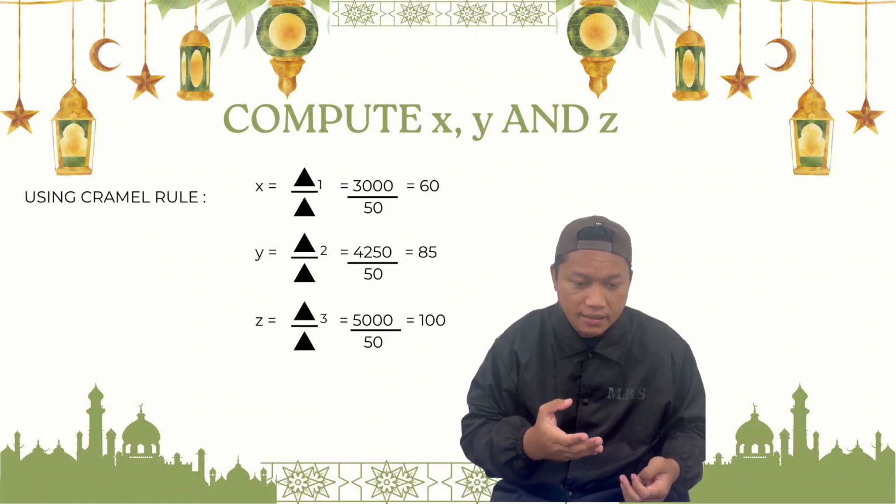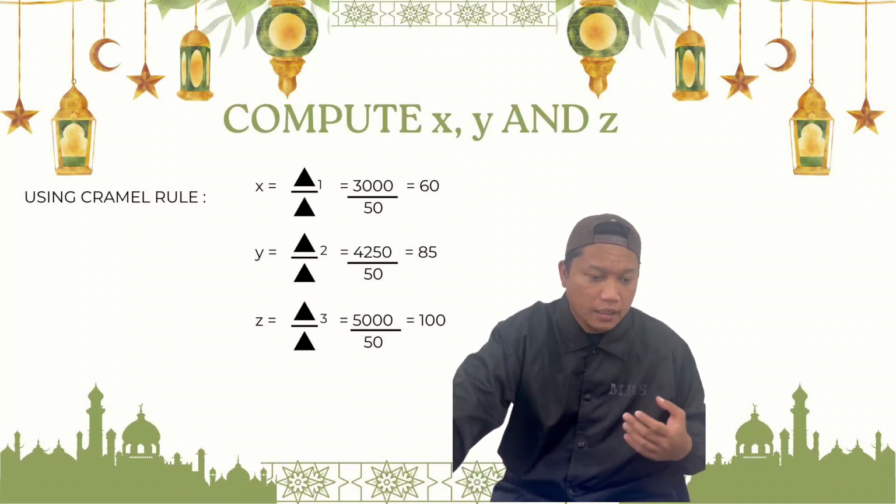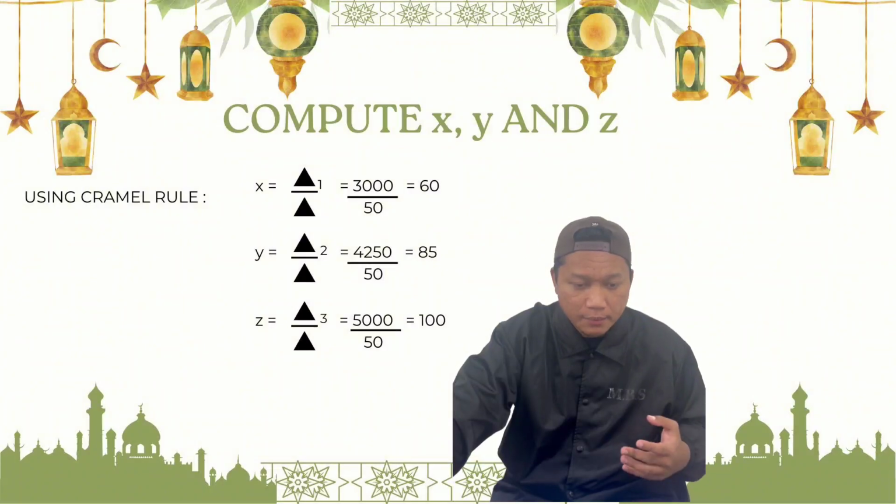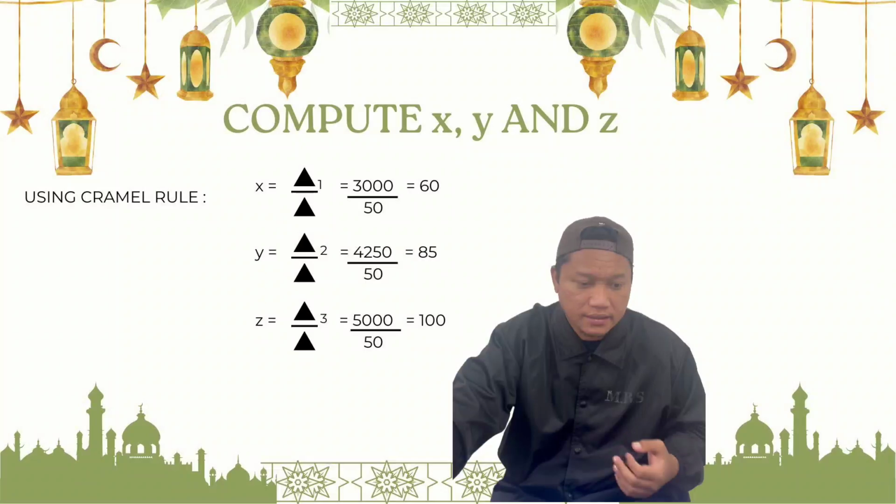Thus, x equals 60. Calculating y equals 4250 over 50. Then y equals 85. Calculating z equals 5000 over 50. Then z is equal to 100.